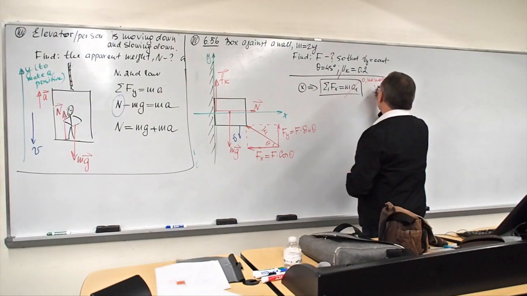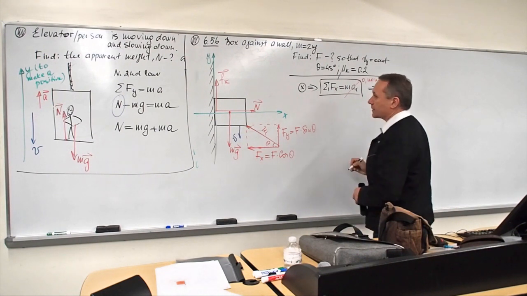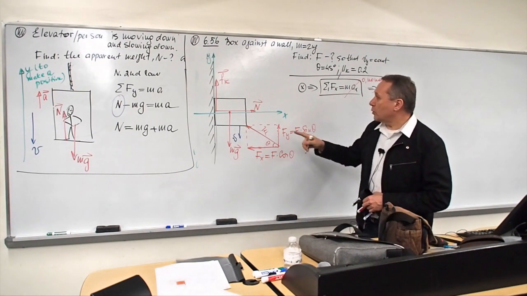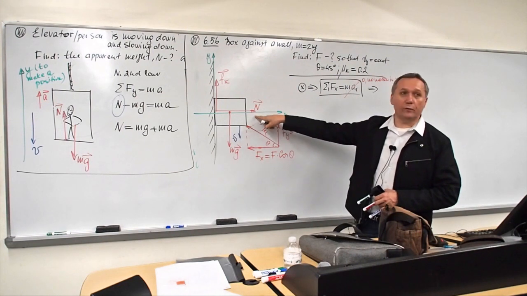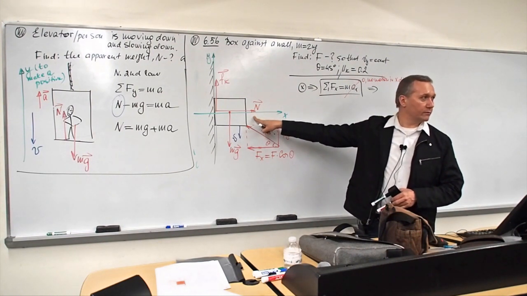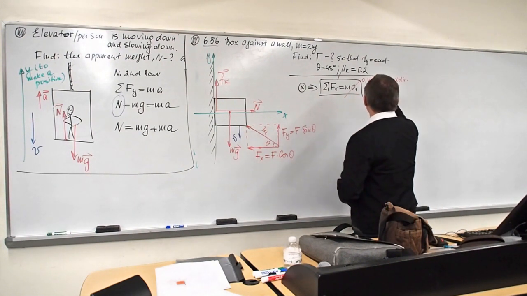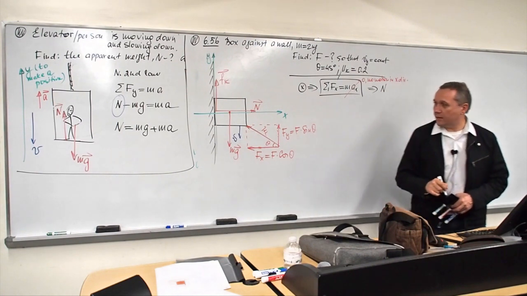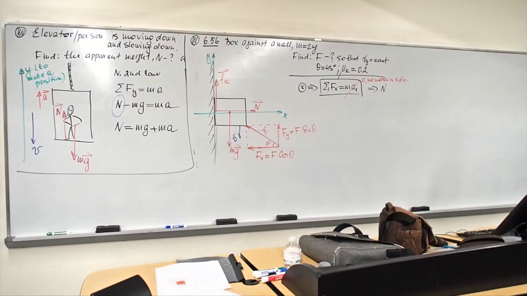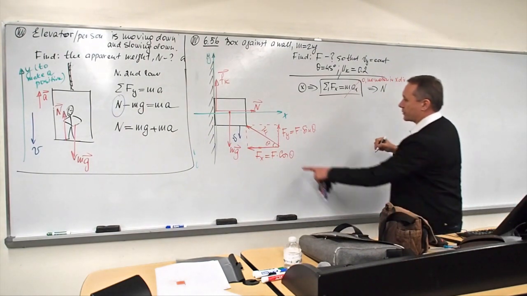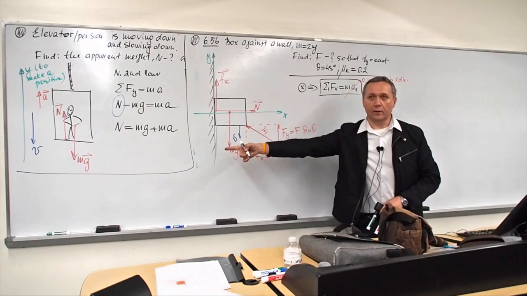So from here, of course, we can write this down explicitly. So all the forces in the x direction: normal force, positive or negative? Of course positive, because I picked my x-axis that way. Then what else acts in the x direction? F cosine theta, positive or negative? Negative, of course, because this force acts in the negative x direction.